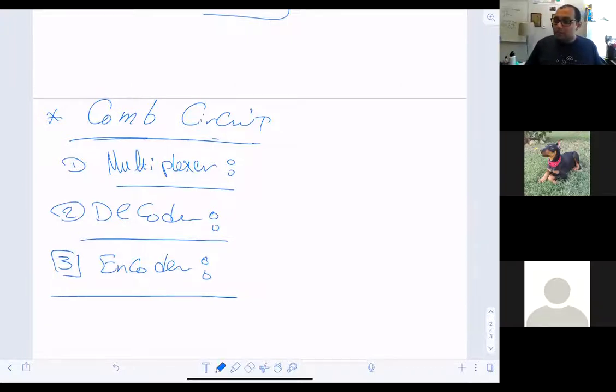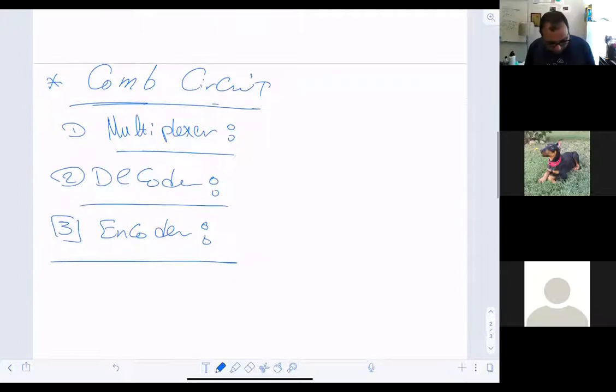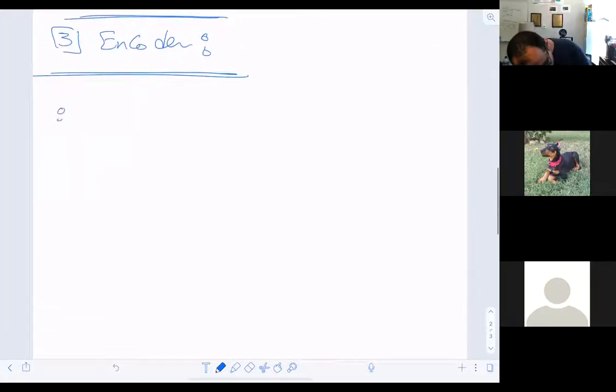Optimization. So in combinationals, we're going to learn multiplexers, decoders, and encoders. What are those for and how are we going to use them? This is basically going to be the first lecture of the combinational circuit. So the first element we're going to talk about today is called multiplexer.